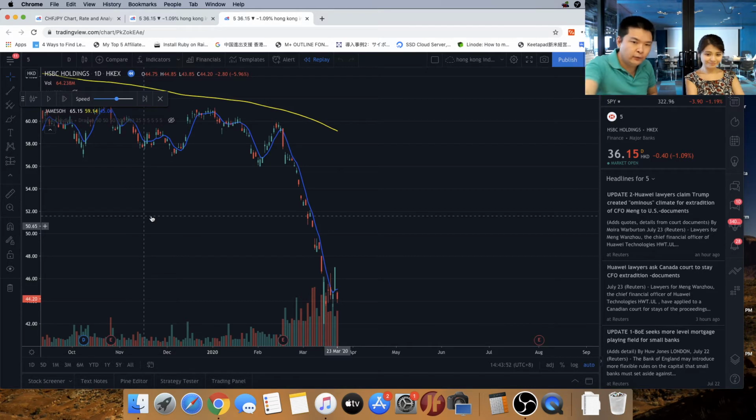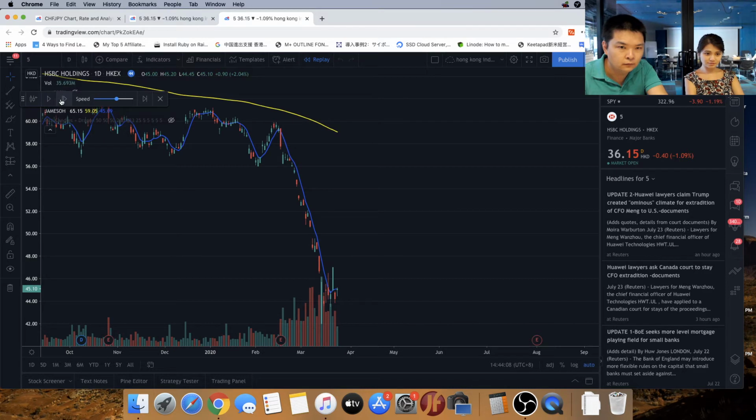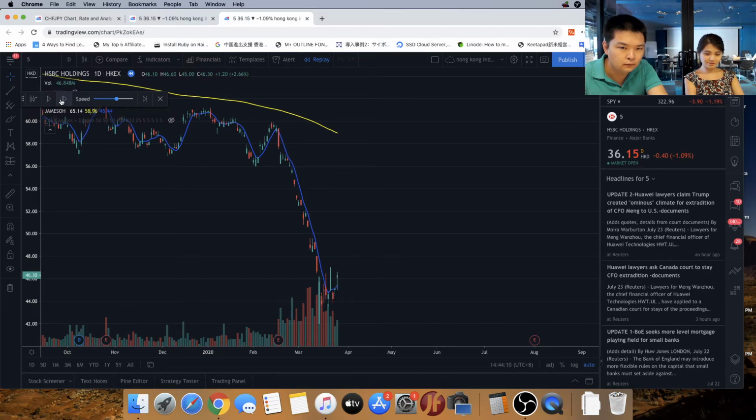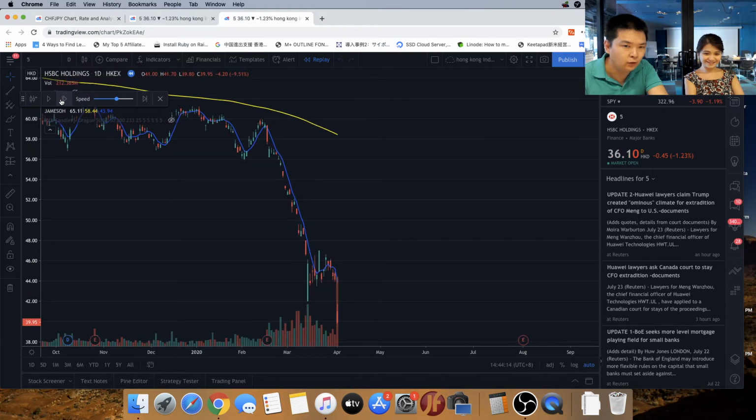When you saw this huge one and you can only see this, what do you think? You think it broke, right? So then you close your trade here. But if you close your trade here, you wouldn't be able to catch this one.